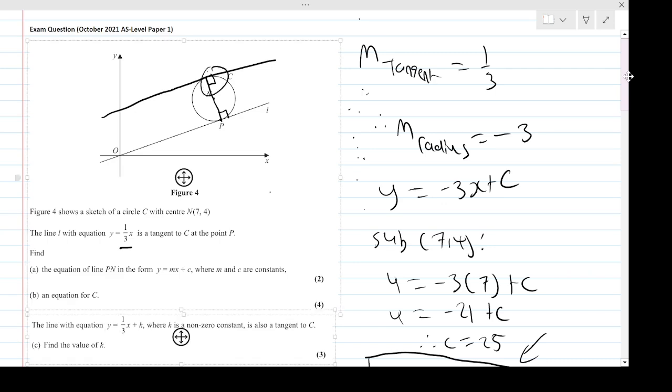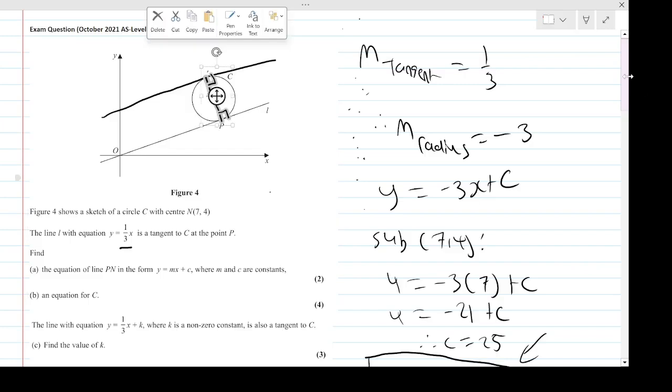Because if we find the point here, then we know a point on the line to substitute to find k. Actually, if we consider it as a diameter between these 2 points, and P, remember we know what P is. Well, again, N would be the midpoint, right?